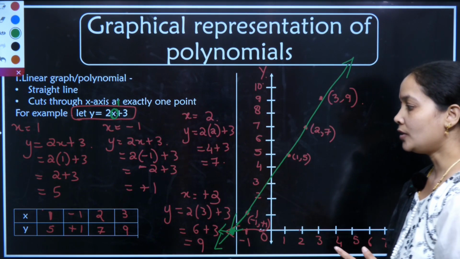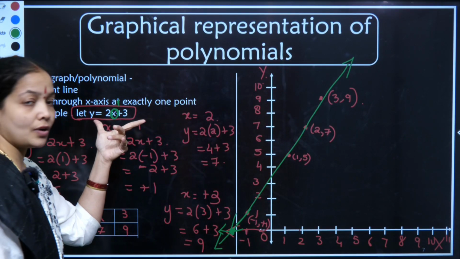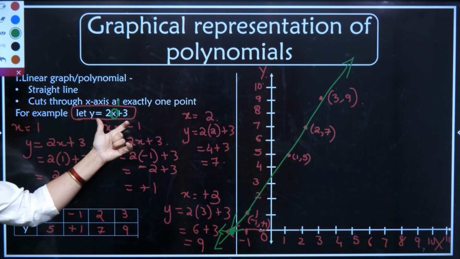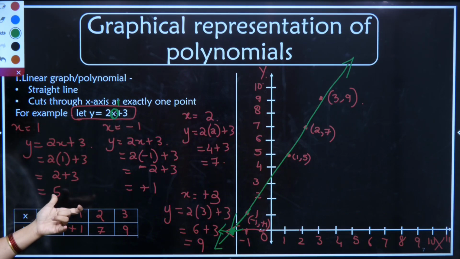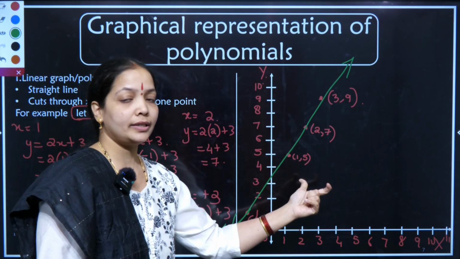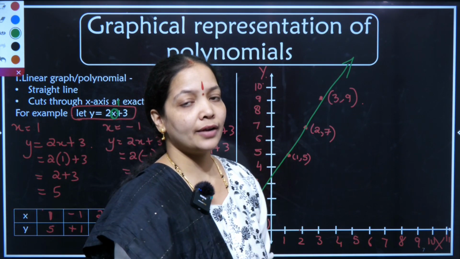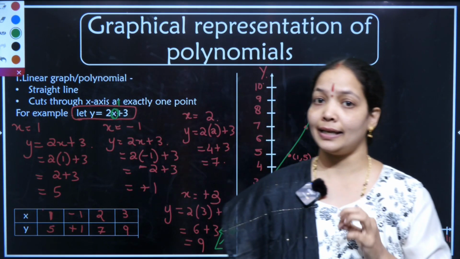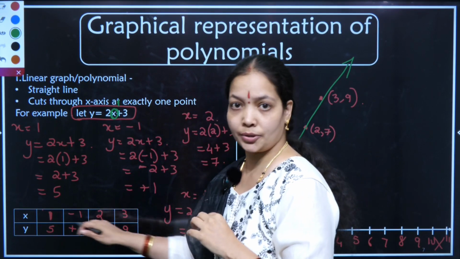So this is the manner of representation of a simple equation taken in the form of y equal to 2x plus 3, and I made you understand how to find the solutions as well as how to plot it in the graph. This is the most important part of the chapter, where you have to understand and elaborate in your own way, because the values of x are not given to you.